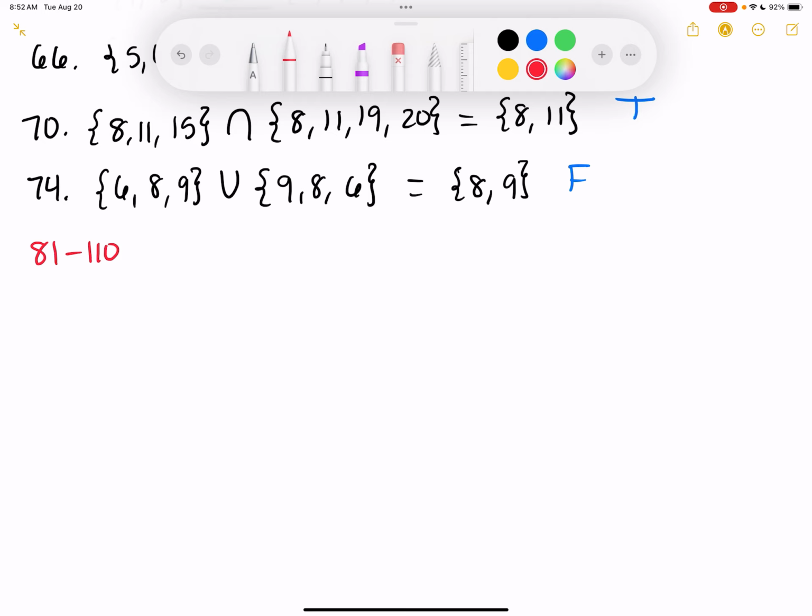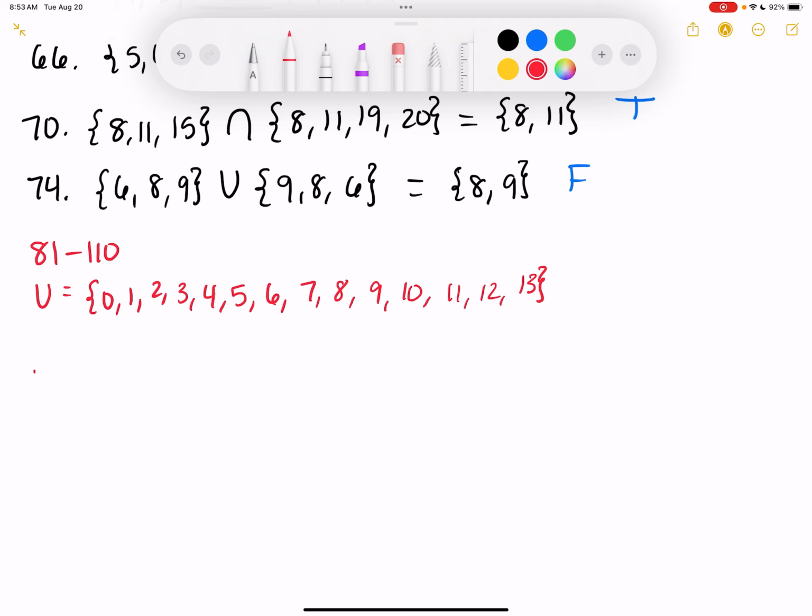Set U is the set 0, 1, 2, all the way out to 13, and that's, again, the universal set. That's everything that the other sets are contained in.